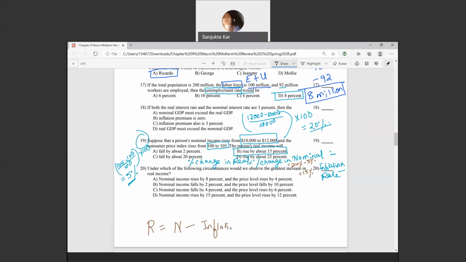This is how I find the real income or also the real interest rate. So I'm just going to take this off so that we have more blank space to look at. That really relieves our mind and our eyes.